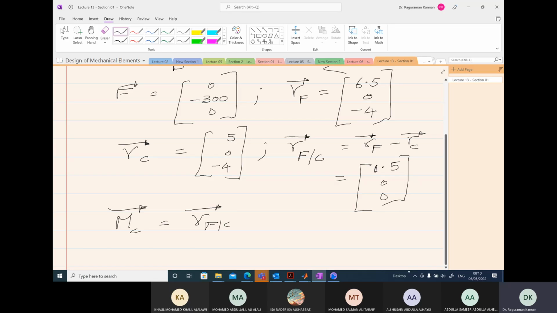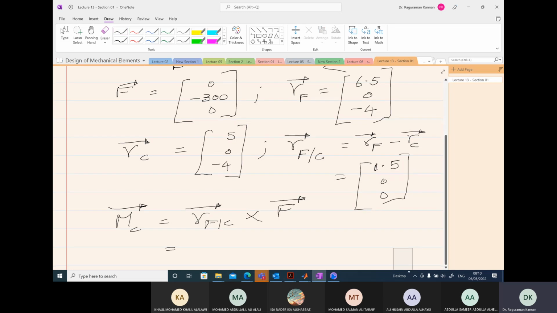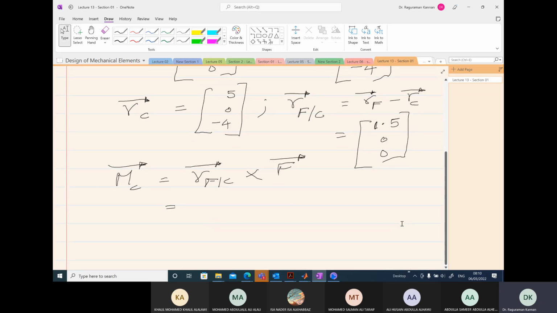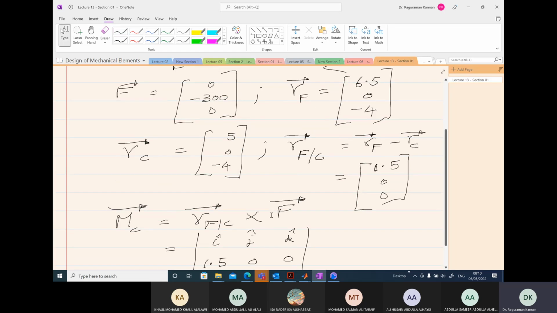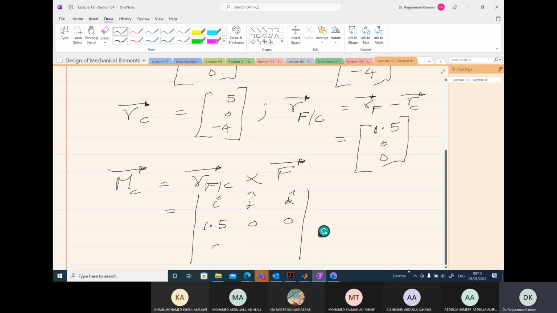What is the formula? Cross product between R and F. We can write this in the determinant form: i, j, k. The R value is 1.5, 0, 0 and the F value is 0, minus 300, 0.